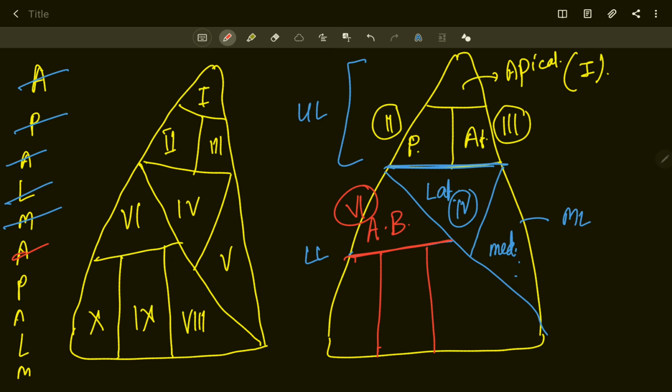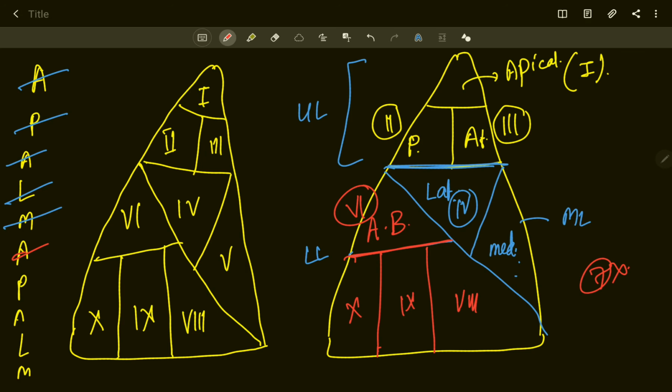You cannot see the 7th one. Now the 4 basals are numbered 7, 8, 9 and 10, and one interchange I already told you between the 7 and 10. So this is the 10th segment, this is the 9th segment, and this is the 8th segment. 7 cannot be seen here. It is not visible here.